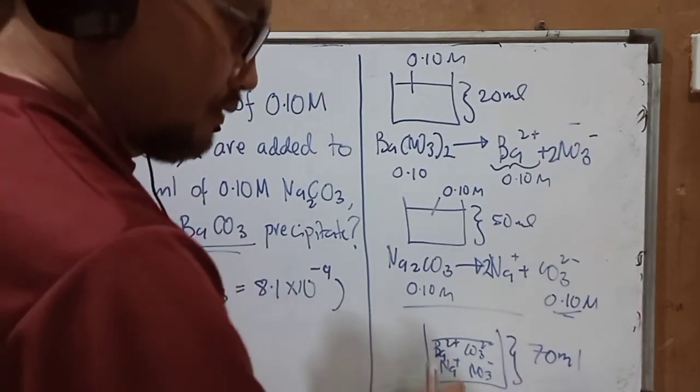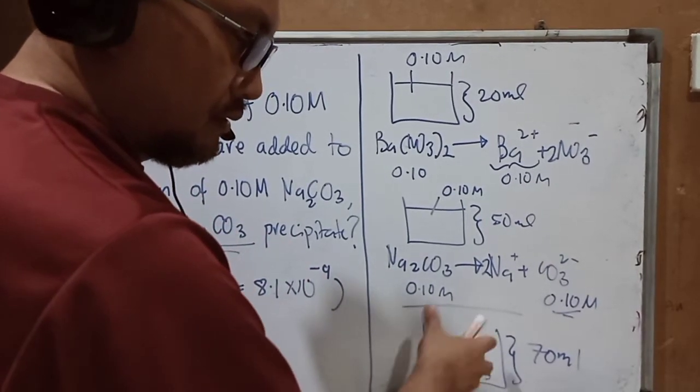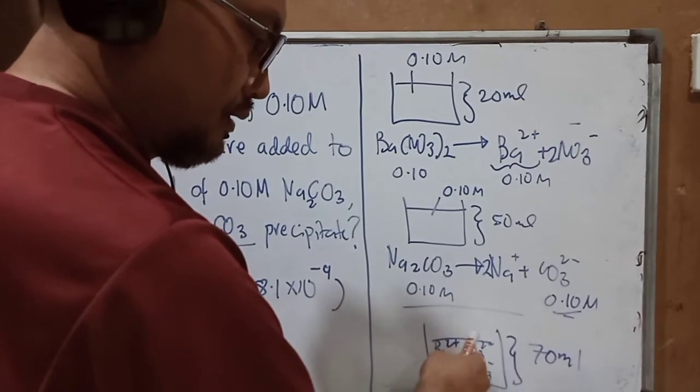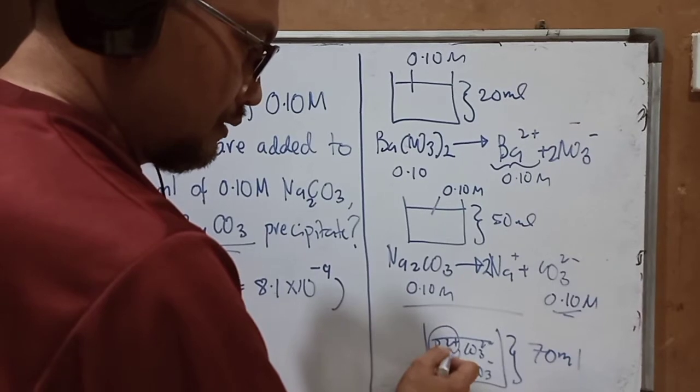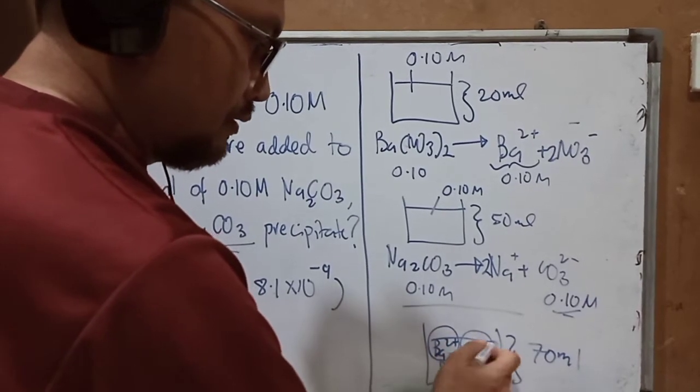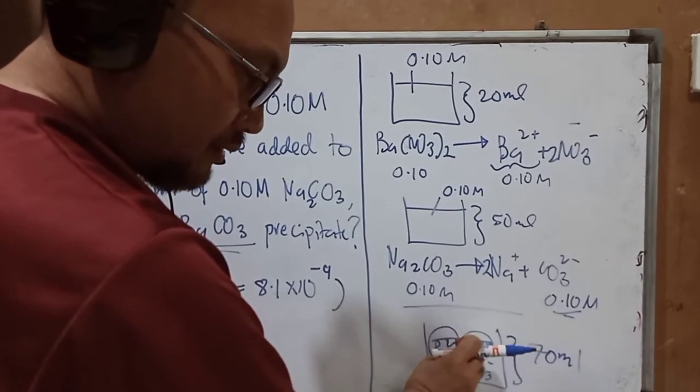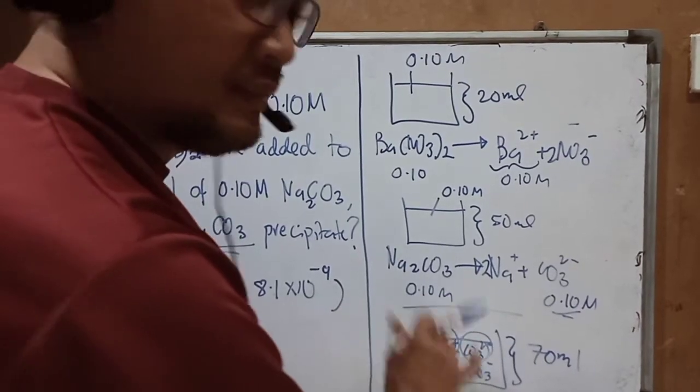But the most important are barium ion and carbonate ion. Will these ions react and form precipitate? This is what we want to know.